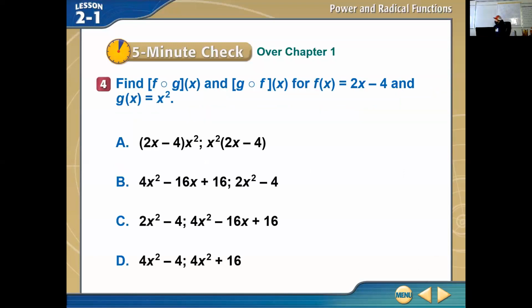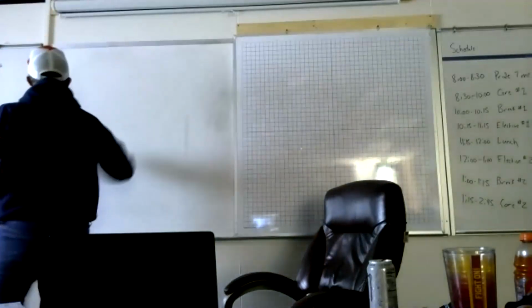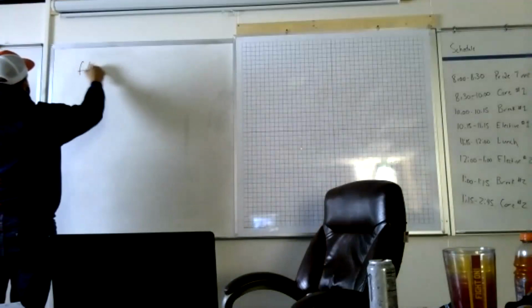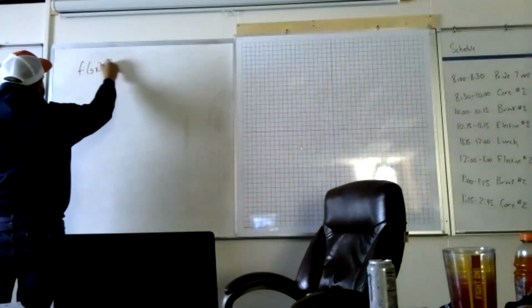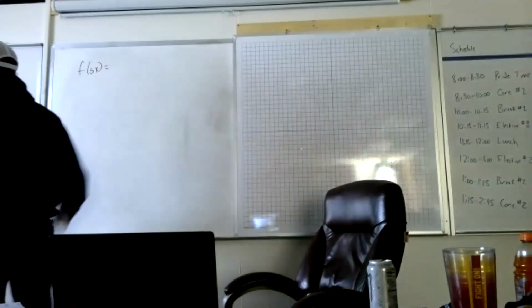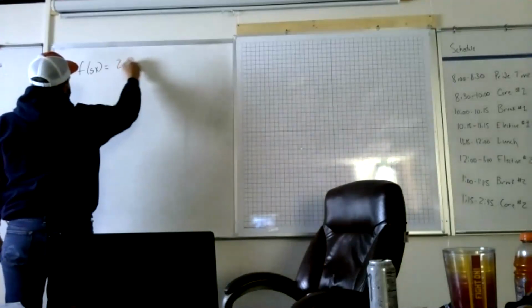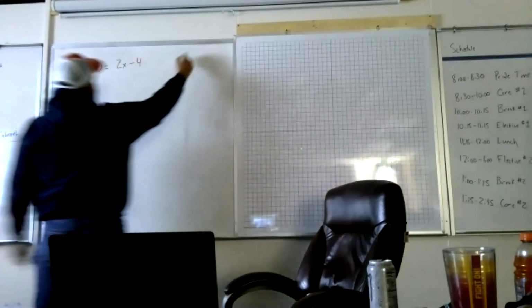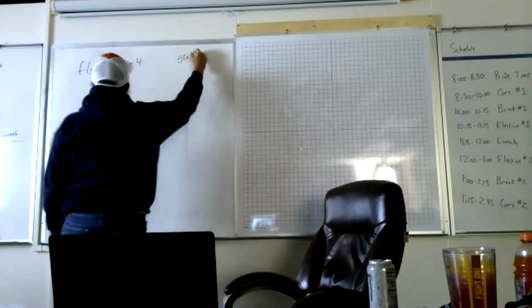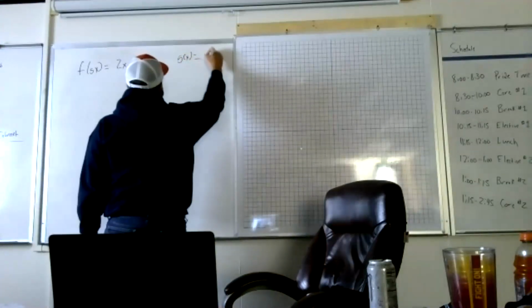Here we go, a little bit of algebra. It says find f of g of x and g of f of x for f of x equal to 2x minus 4 and g of x equal to x squared. So composition of functions. We want to find f of g of x. My f of x is 2x minus 4, my g of x is equal to x squared.